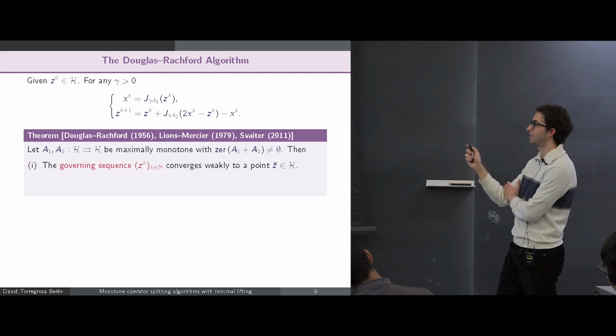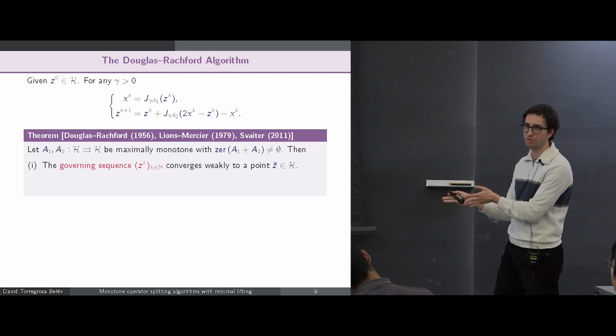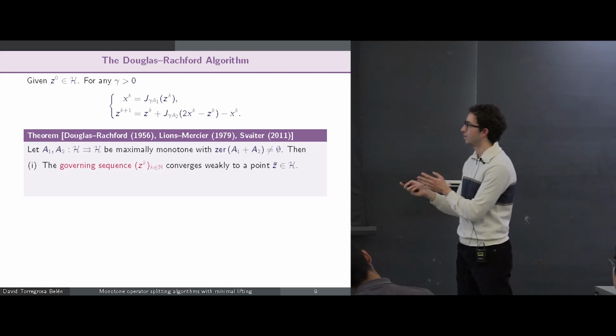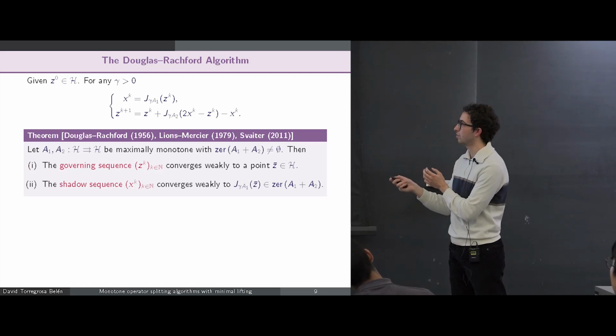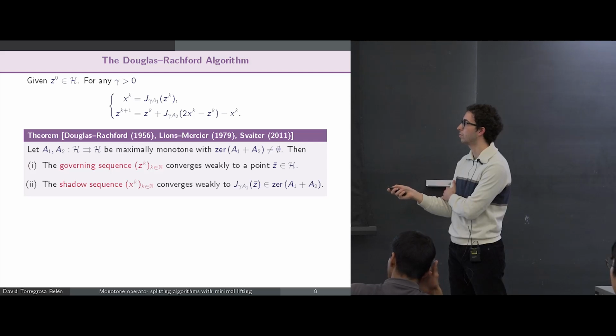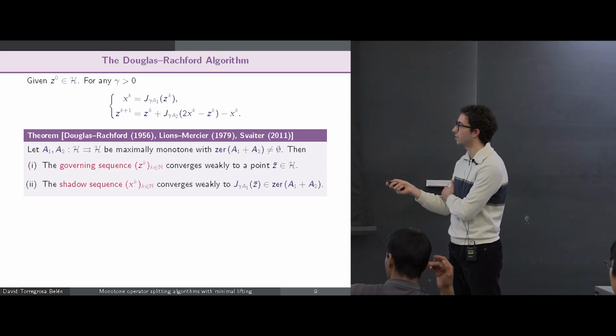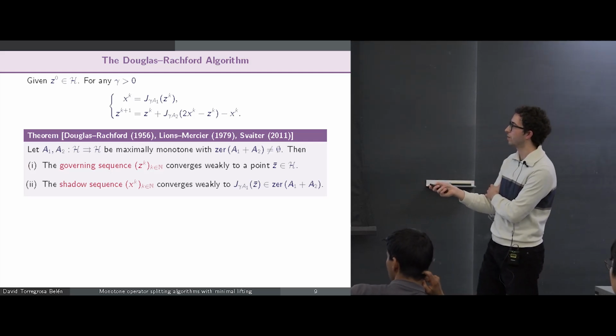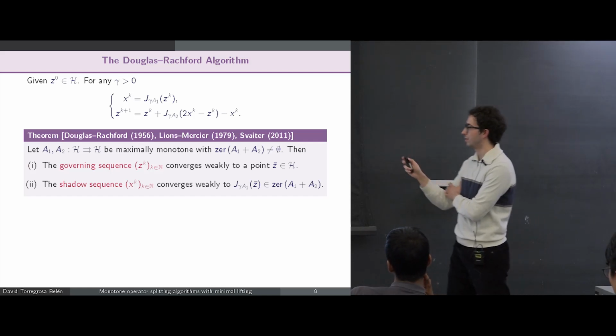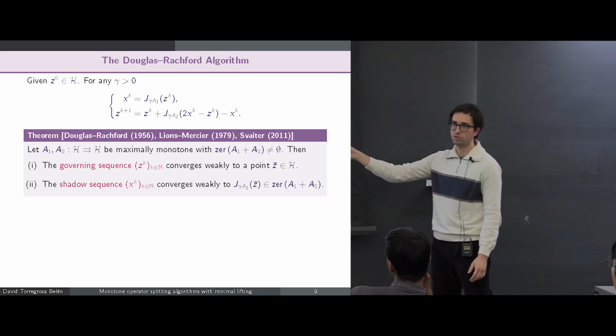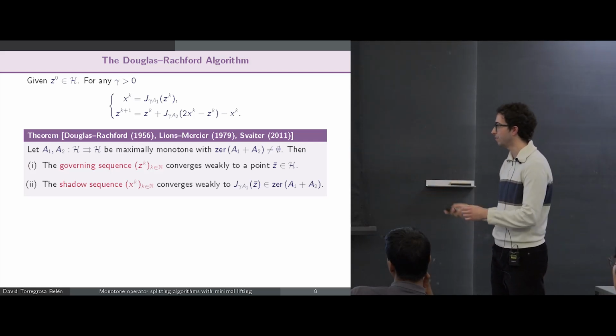It turns out that this point is not necessarily the solution of your problem, but this other sequence xk, which is the one you obtain after applying the first resolvent to the governing variable, is going to converge weakly to the resolvent of A1 at the point z bar, and this is the one that gives you a solution to the monotone inclusion problem. Okay?